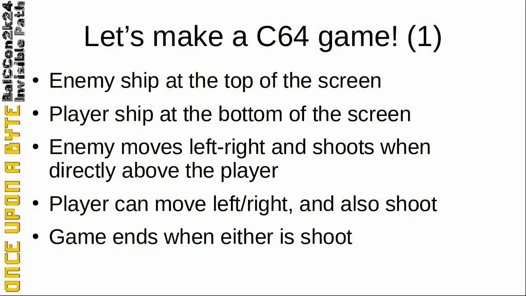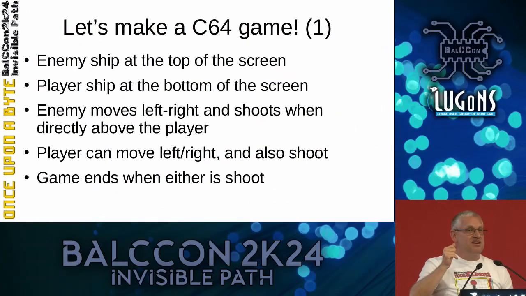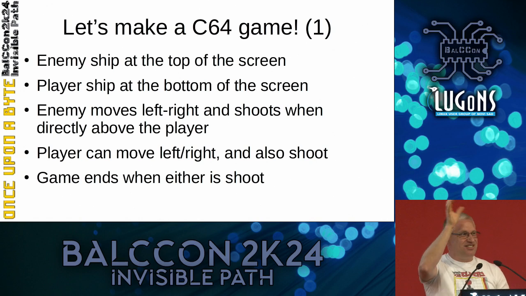Okay, so I hope that you now have more or less an image of what can be done with the IDE. So the last part of the presentation is to show you a really small and really simple game for the Commodore 64. The game has a big bad enemy ship at the top of the screen.